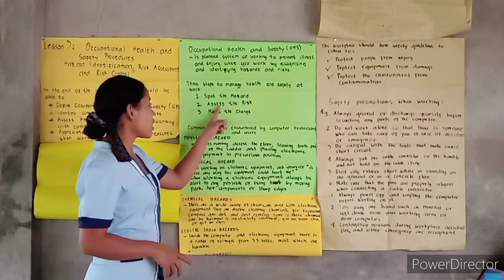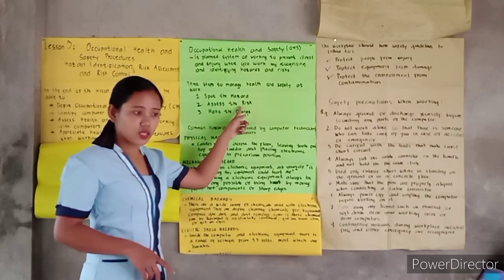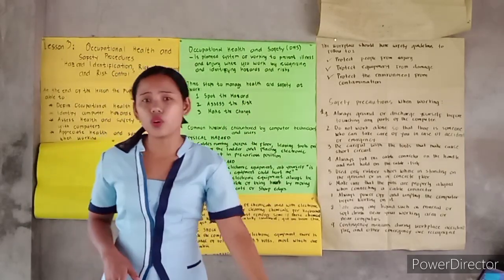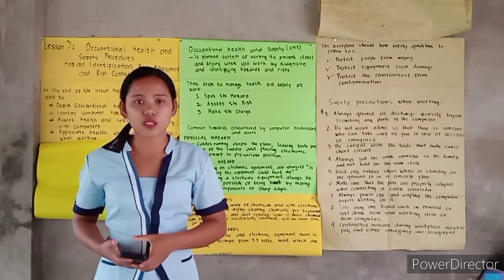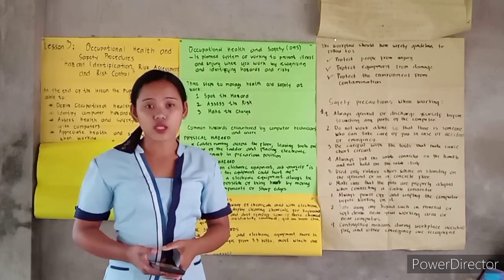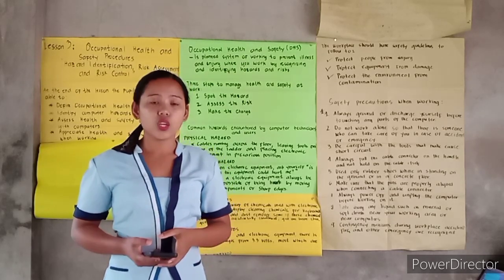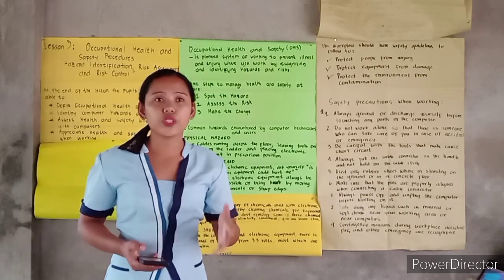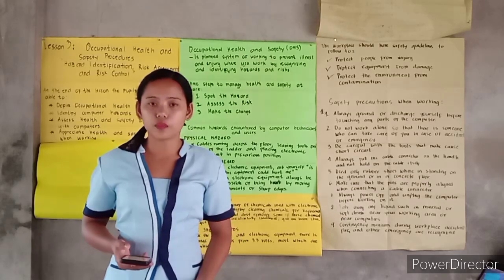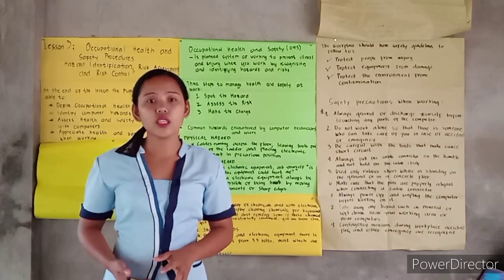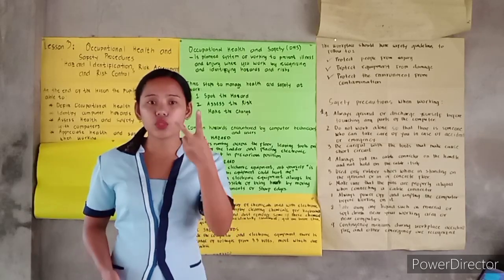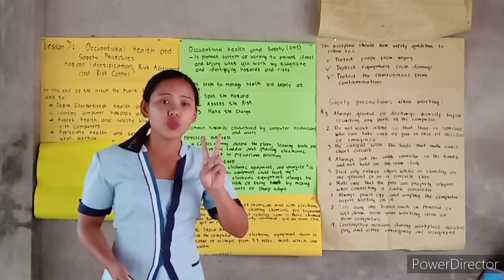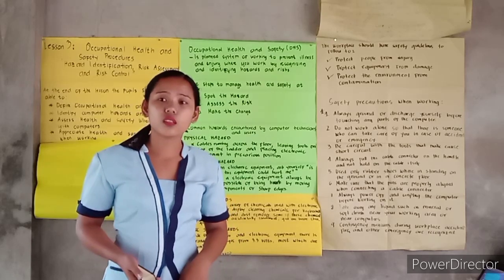The second is assess the risk. How are you going to assess the risk, or risk assessment? It is important that when you are working, you first ask yourself two questions. What are they?